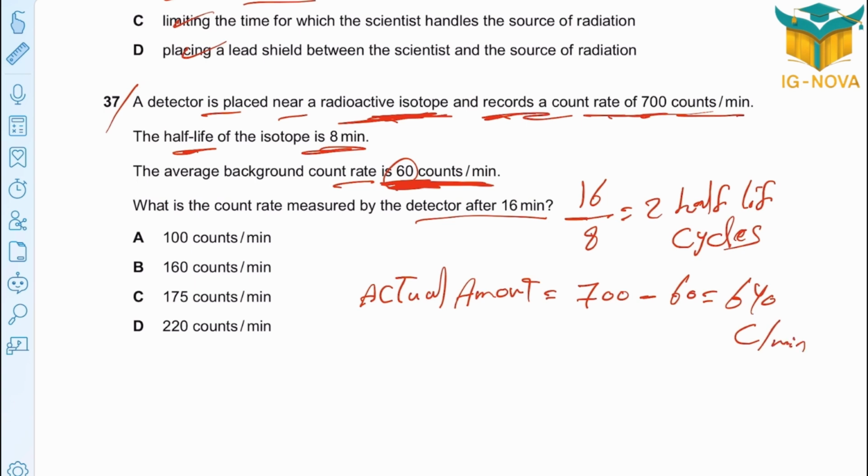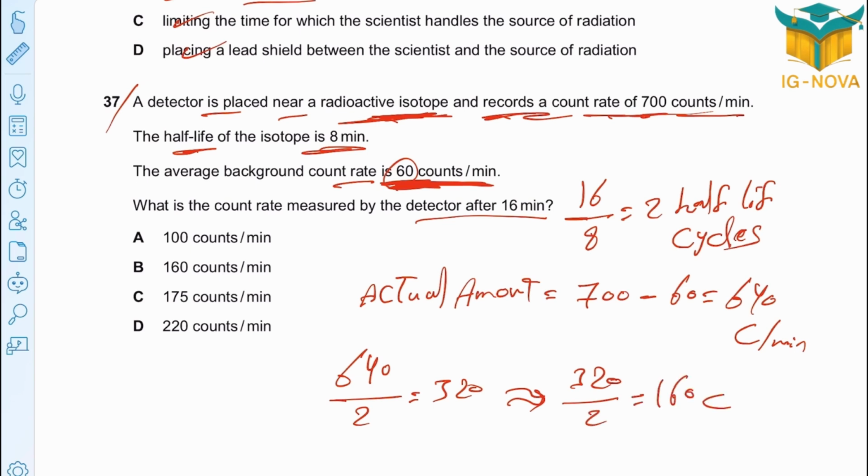Clear? So by counting, it's 640 over two half-lives. First half-life, it's 320. And then 320 over 2 is 160 counts per minute.